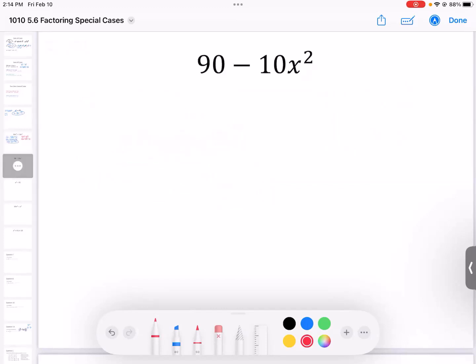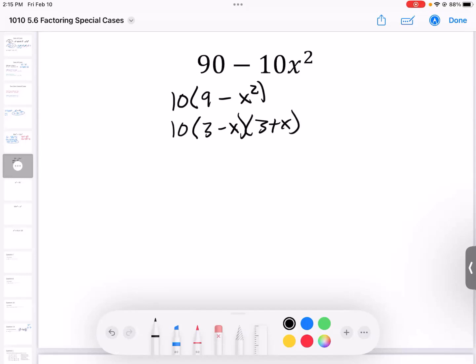Because in this case, it looks like it's almost a difference of squares, but 90, you can't take the square root of it and get a whole number. And so in this case, you'd want to factor out the 10 first, and then you would have 9 minus x squared, which is a difference of squares, and you could write it as 10 times 3 minus x, 3 plus x. And that would be how you'd factor that.